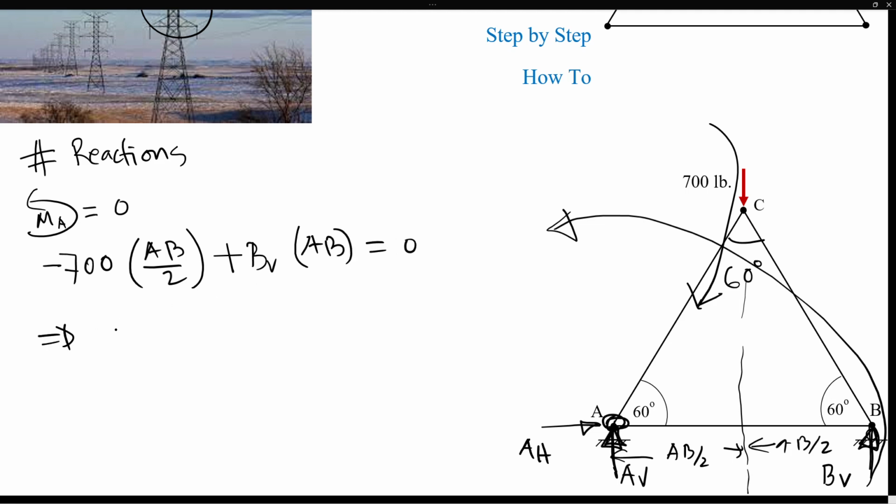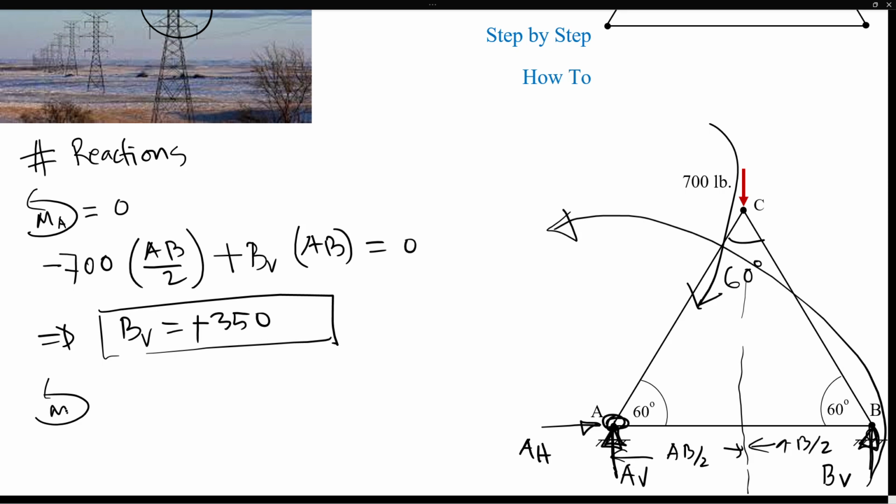Then we can calculate the vertical reaction at B, which is 350 positive. And then you can take the moment with respect to B, everything summed to 0.